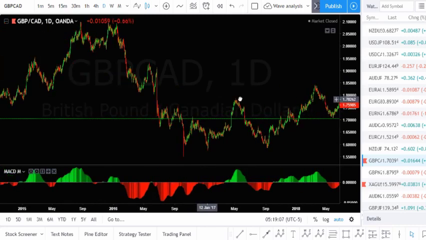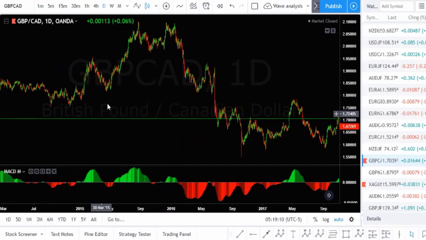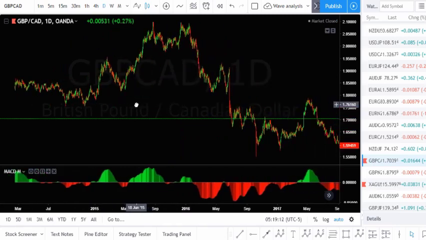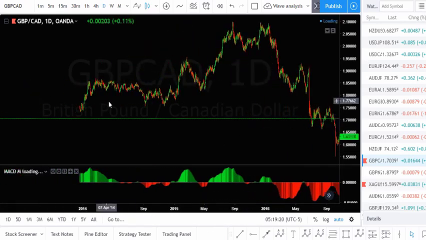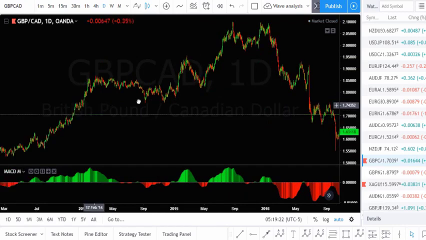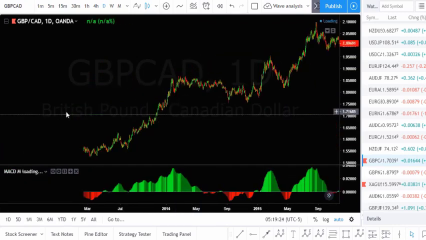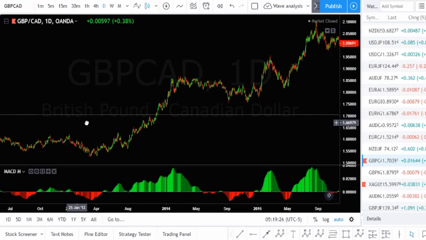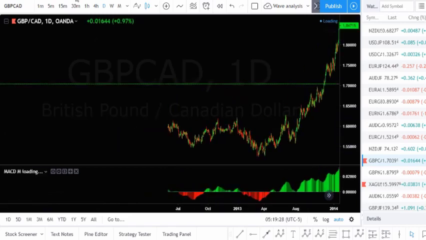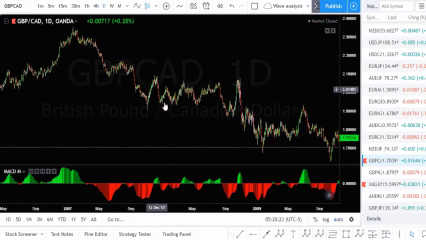So let's go back in future and see some more examples. If we look even here, but not quite. That's one impulse move. If you go and filter, you'll probably find that it's one impulse move. So here's another good example.